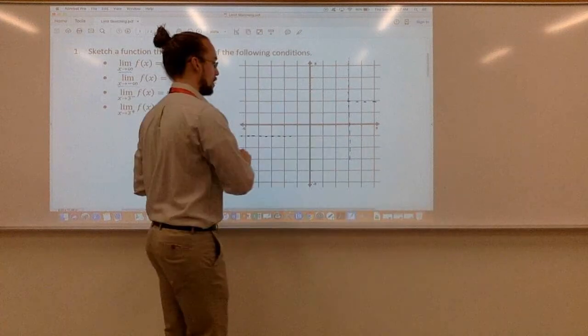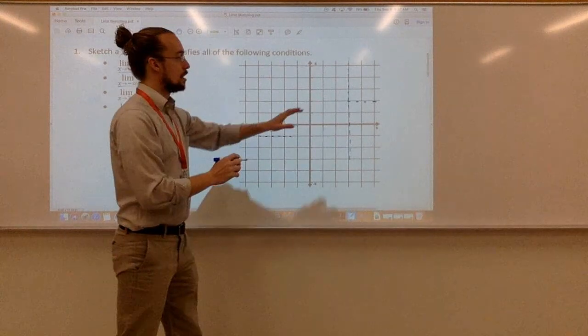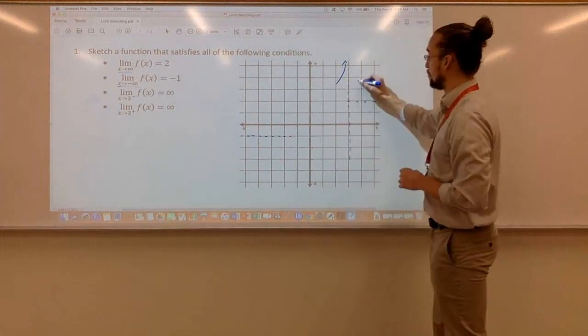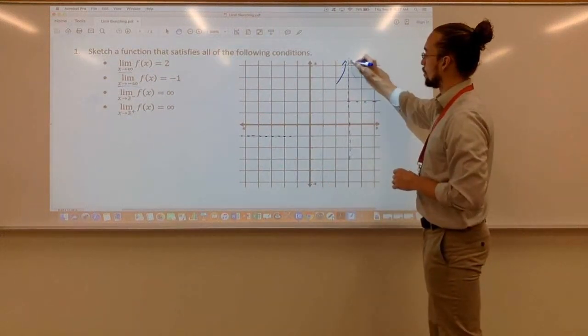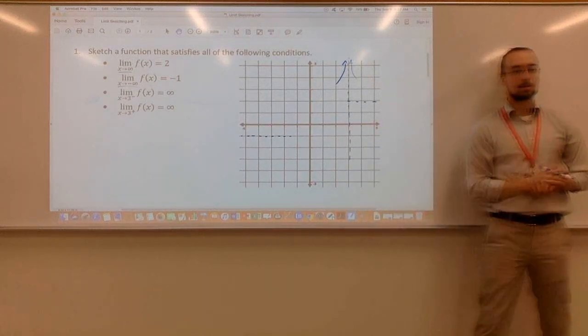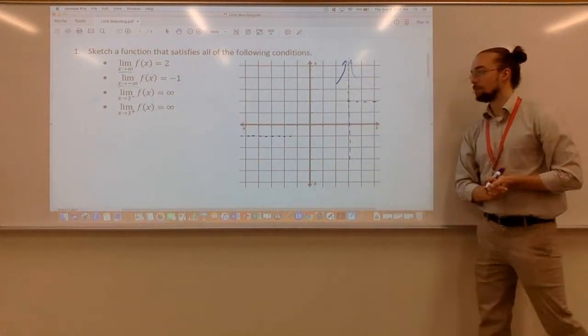If we're thinking about it, I know that as we get closer and closer to 3 from both directions, I'm approaching positive infinity. So I could go ahead and sketch that part in, and I know that it's going to be going up in both of those.